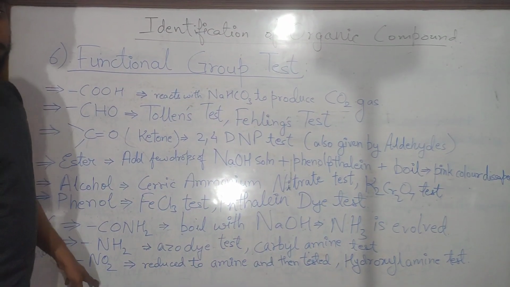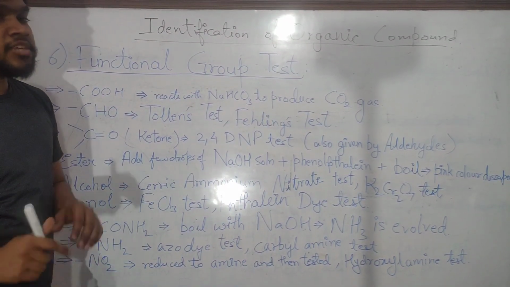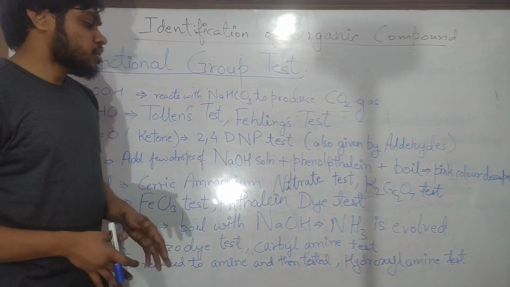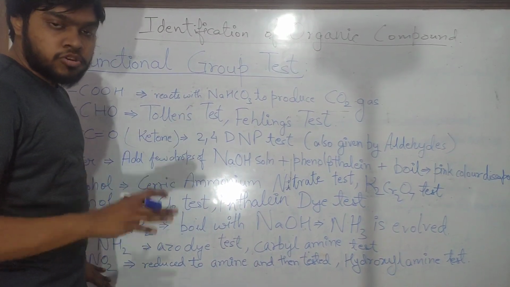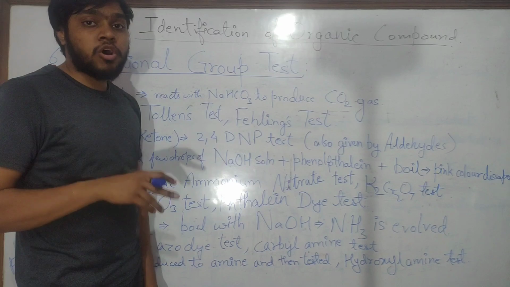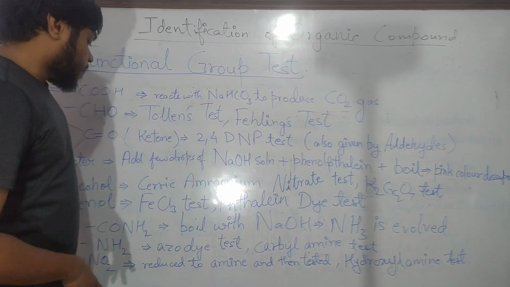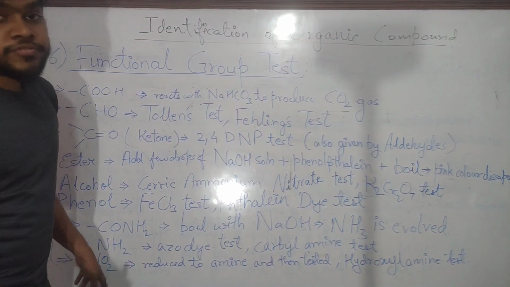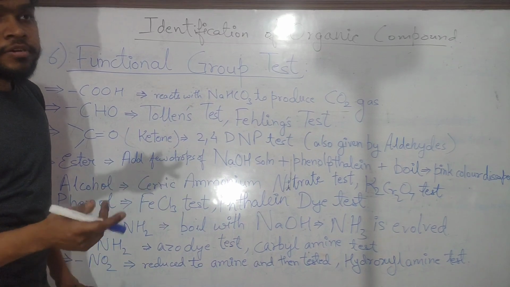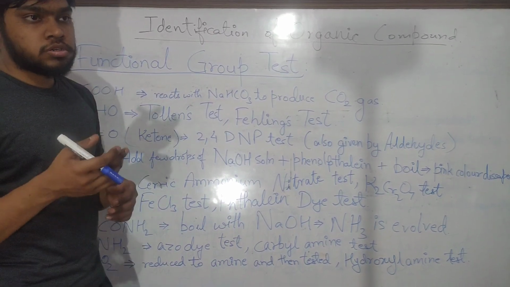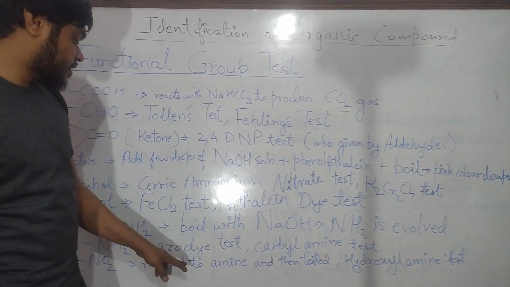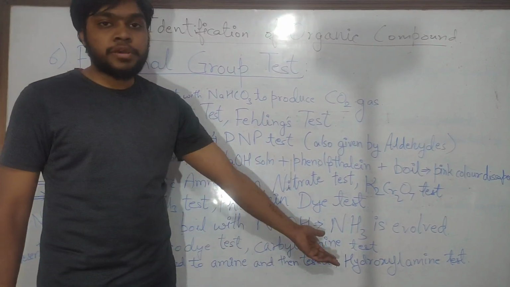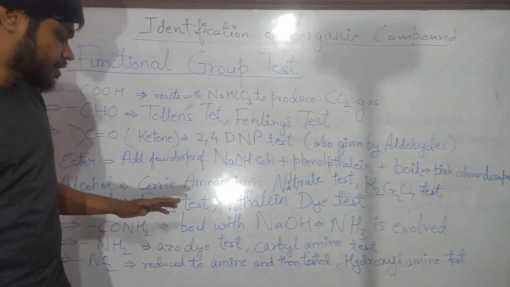Then we test for the nitro group. We don't have any specific test for the nitro group as such. To test for the nitro group, we first have to reduce it to an amine or hydroxylamine. The nitro group is first reduced to an amine by iron or tin, and then it is tested by the azo dye test or the carbylamine test, as we test primary amines.